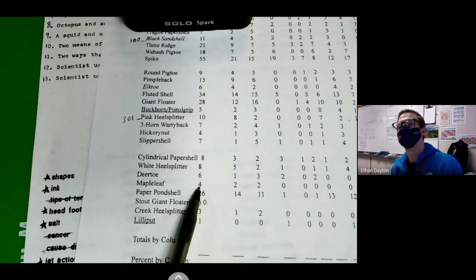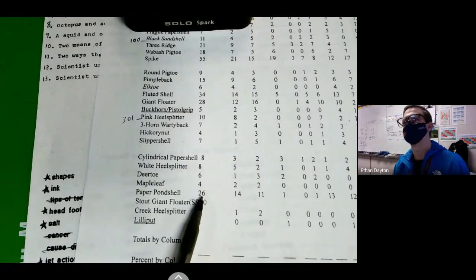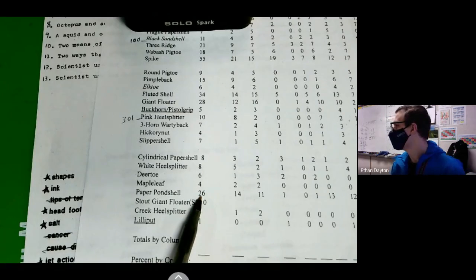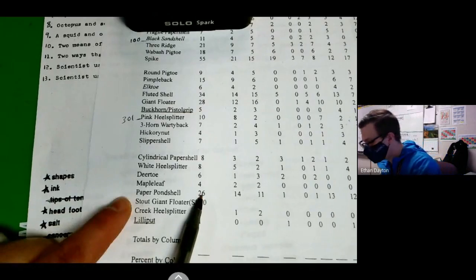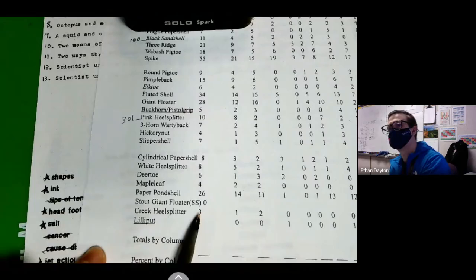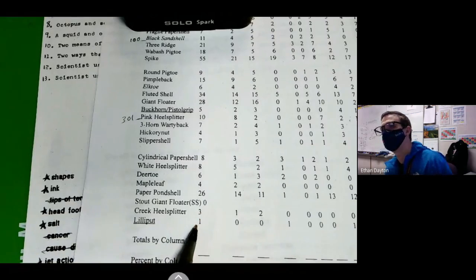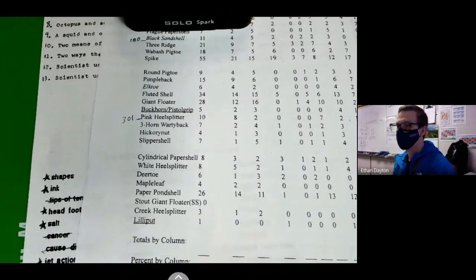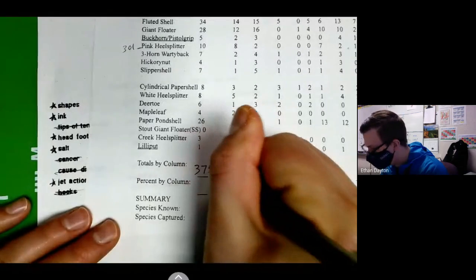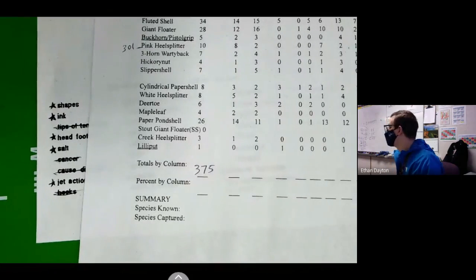Plus 4, 345. Plus 26 is 371. 371 plus 3, 374, and then the Lilliput is 375. So there are 375 total.